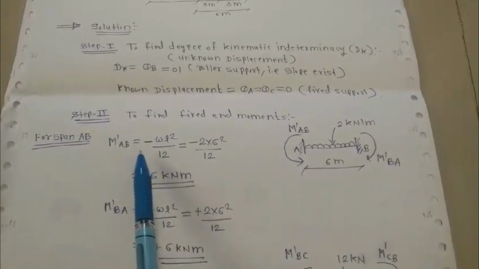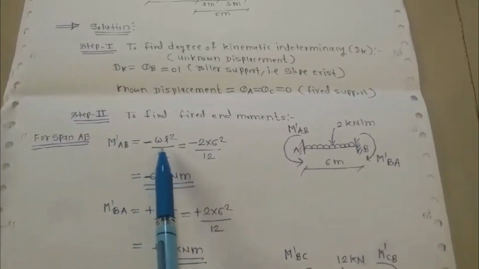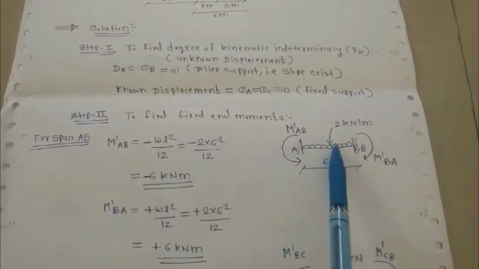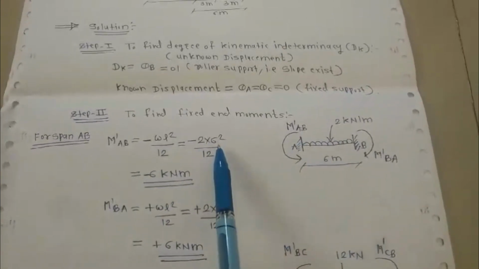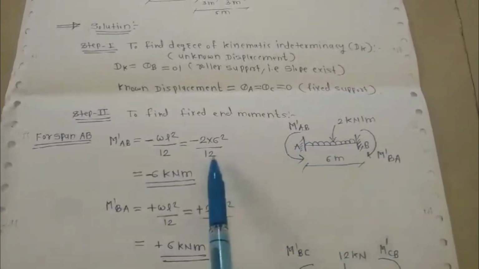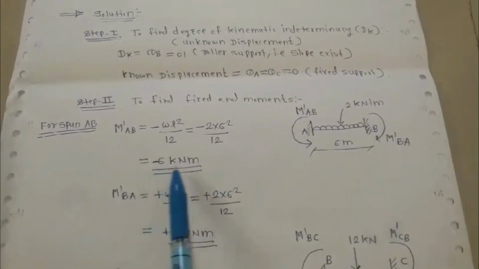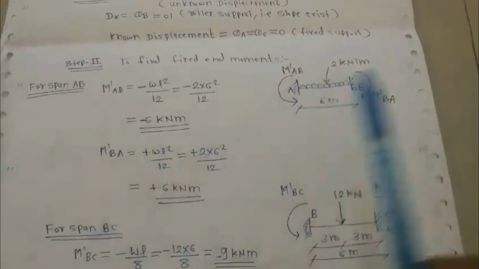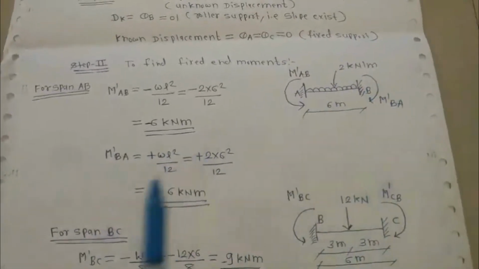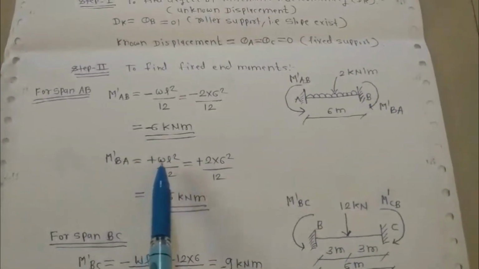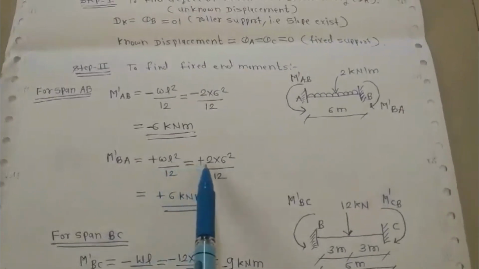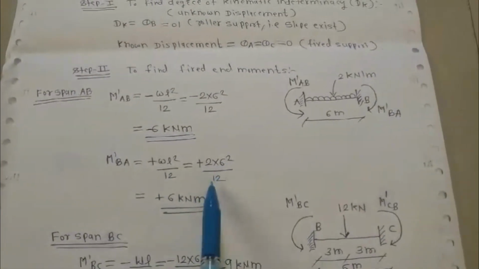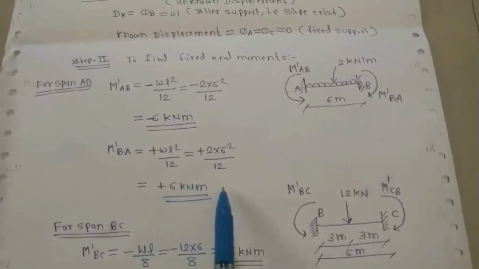So M'AB is equal to minus WL squared upon 12, where W is the intensity of UDL, that is 2, into 6 squared, the span, divided by 12, so you will get minus 6 kN meter. For M'BA, the moment is clockwise, hence positive sign: WL squared upon 12, 2 into 6 squared divided by 12, you will get 6 kN meter.